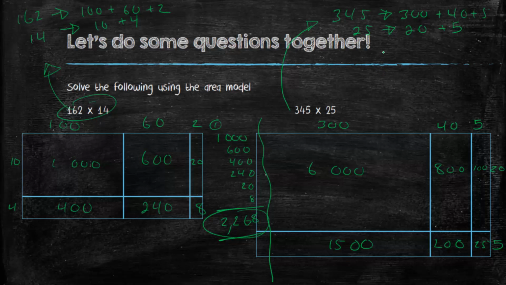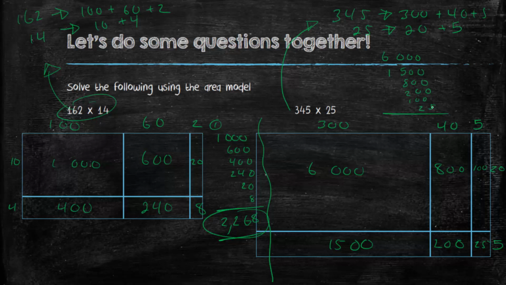Let's see if I could do this here. 6,000 plus 1,500 plus 800 plus 200 plus 100 plus 25.